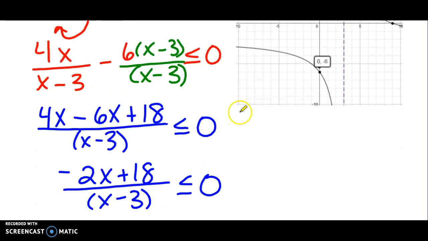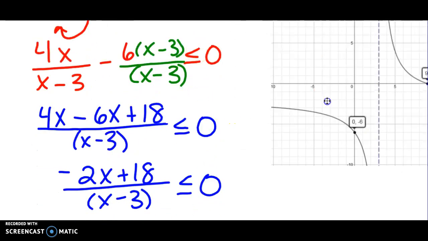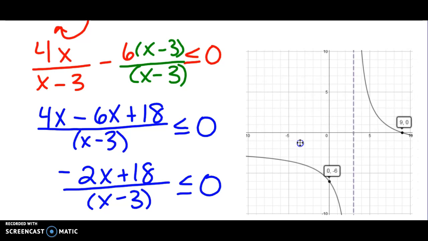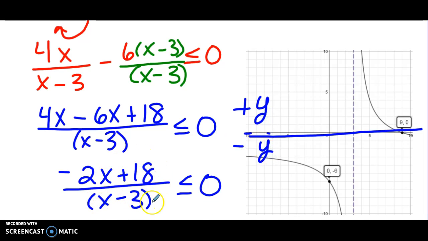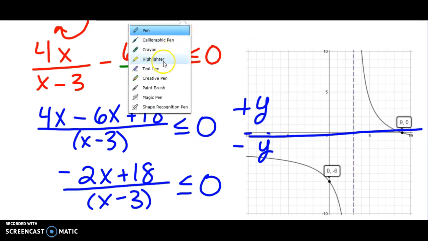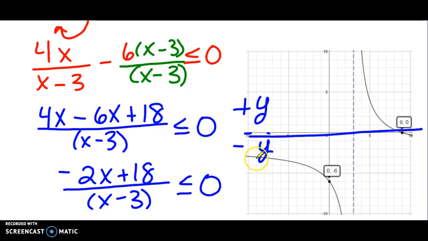When we think about the inequality here, we want to think about where the graph is positive and negative. So this line right here is the divider between positive y's and negative y's. If we want this expression to be less than 0, we want all the values of x that make it negative.